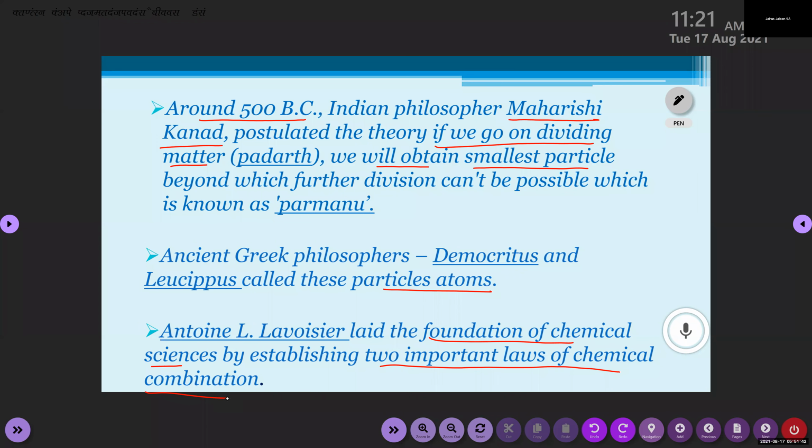Later, Democritus and Leucippus called these particles atoms. Then Lavoisier laid the foundation of chemical sciences with two important laws of chemical combination, which we are going to learn in the beginning itself. Have we completed these points?